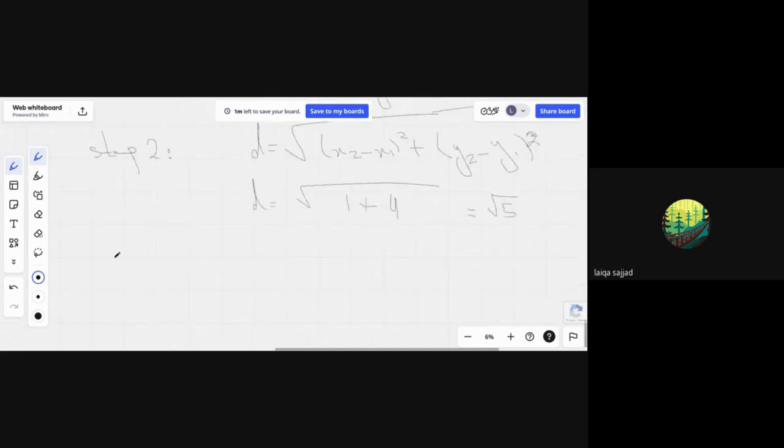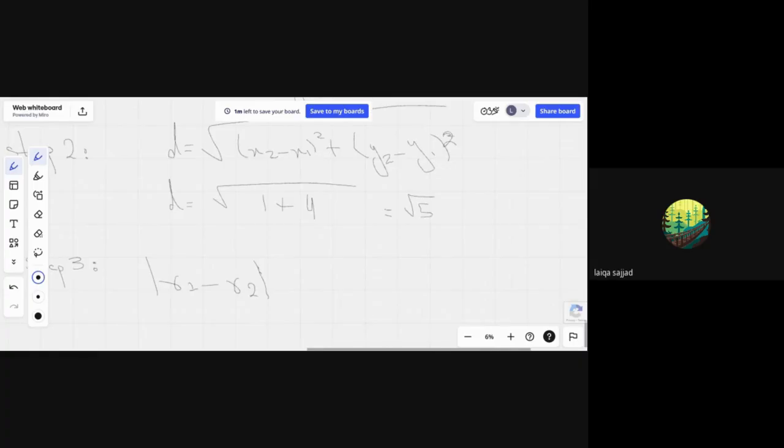In step 3, you have to find two things. First, you have to find R1 minus R2. And what is it? R1 minus R2. Hmm. One second.